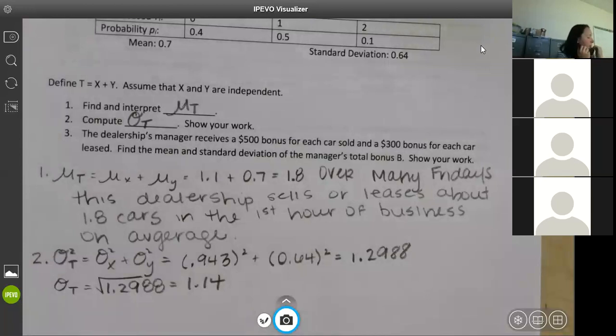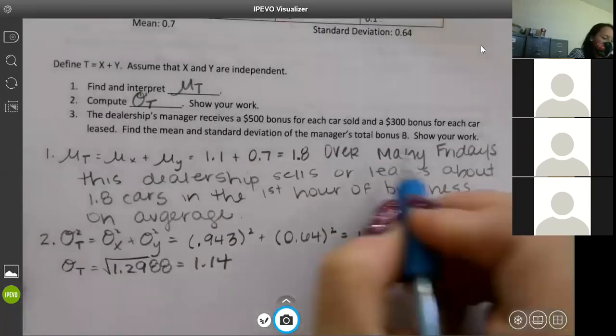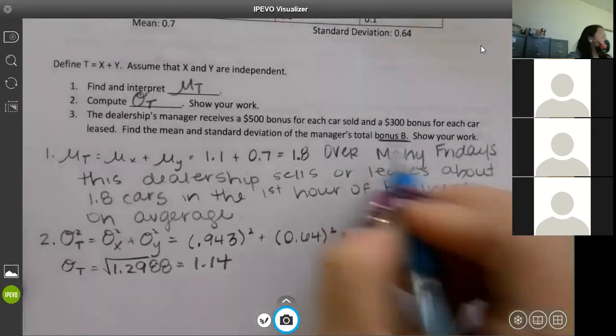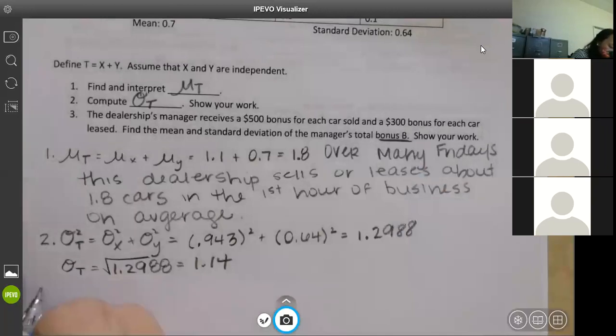Okay. All right. Number three, the dealership's manager receives a $500 bonus for each car sold and a $300 for each car leased. Find the mean and standard deviation of the total bonus B. So it tells you what variable to use. So how do we find the bonus? What's our equation for the bonus?